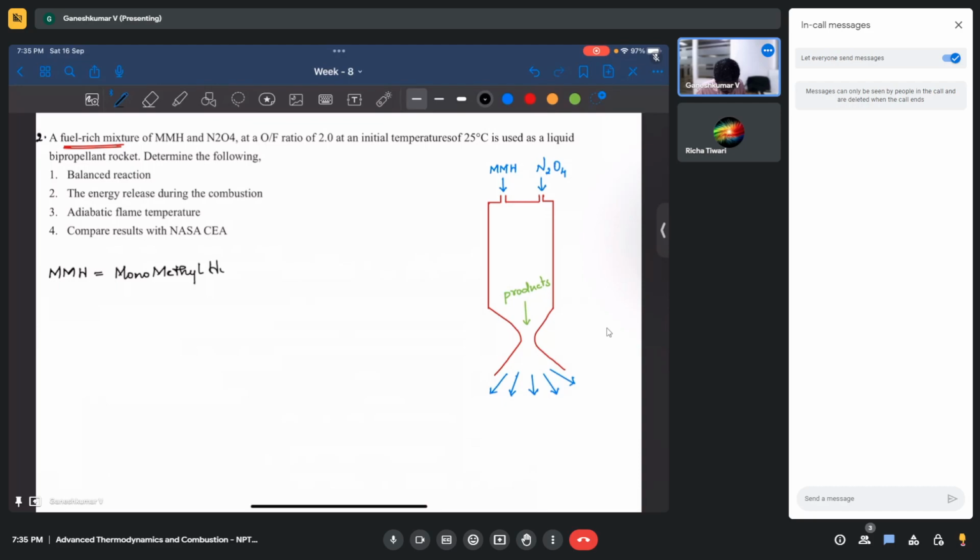It's one of the liquid propellants used in rockets. The chemical formula for this is CH3NH2. It's nothing but hydrazine in which one H is replaced by a methyl group.